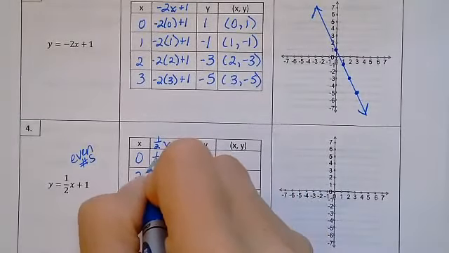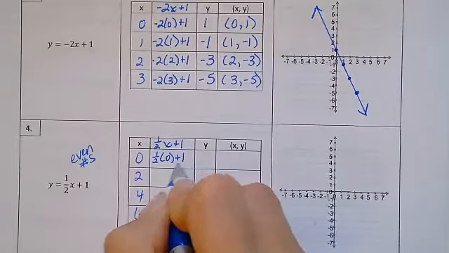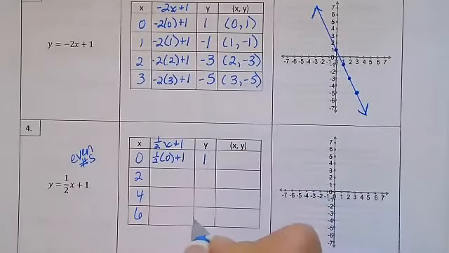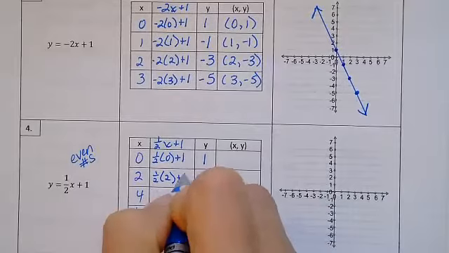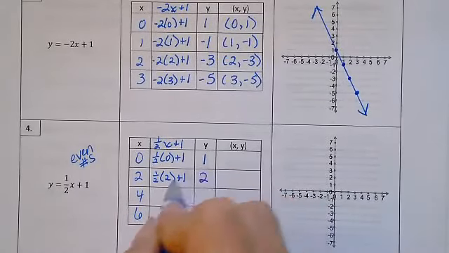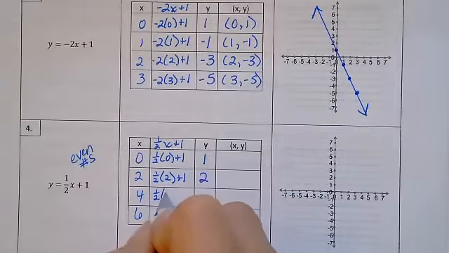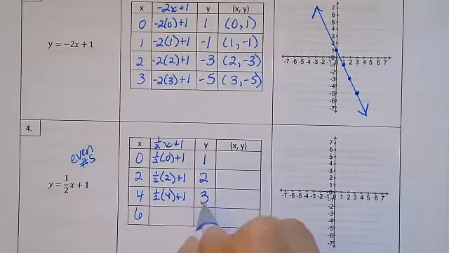Okay, substitute. Well, half of 0 is 0. Add 1. Half of 2 is 1, and 1 plus 1 is 2. Half of 4 is 2, and 2 plus 1 is 3.